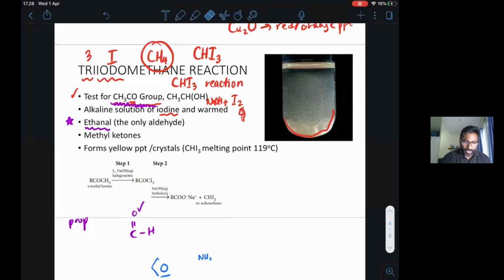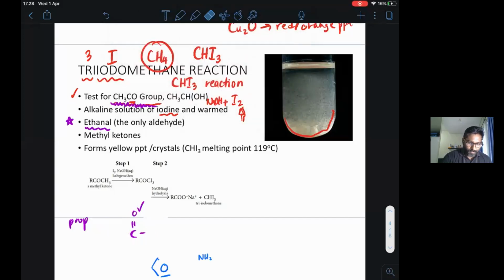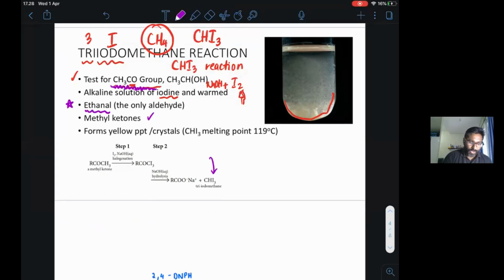So if I erase this part so that we have more space to write. What's going to happen over here is, they mentioned that this reaction must have this group. That's why I said methyl ketone. Ketone must have the methyl group. They will form a yellow precipitate or crystal. So if you have an R group, C double bond O and CH3, the R can be H or other R groups.